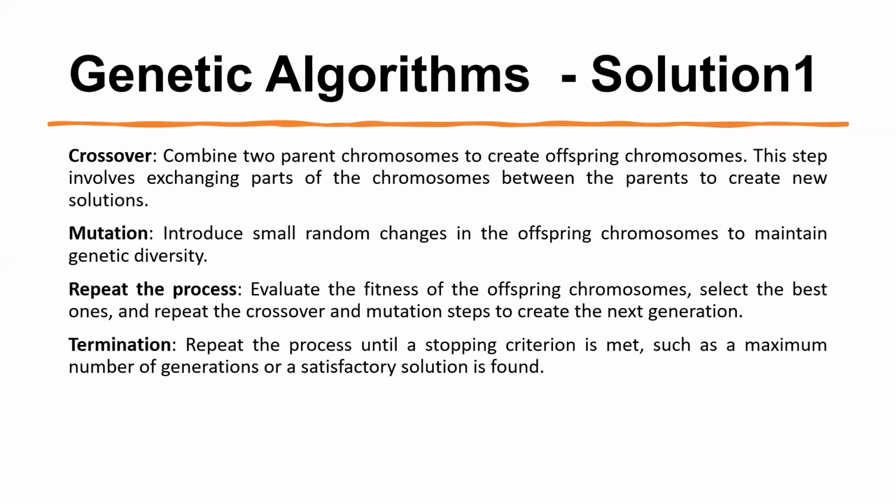So the process of crossover and mutation steps creates the next generation. Then termination. Termination, like the way I explained before, is the criteria which we will choose for when we have to stop. So repeat the process.